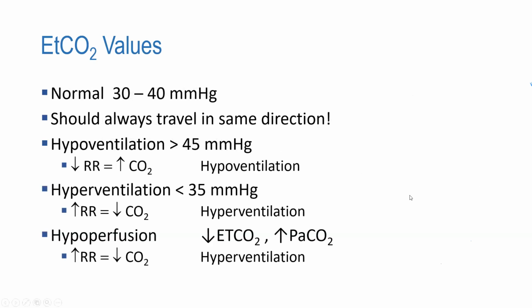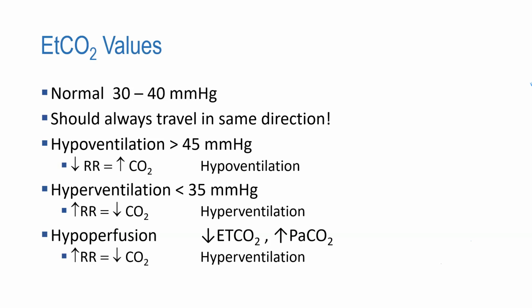Okay, I'm going to say it here and I'll say it again. Normal end-tidal CO2 is 5 less than arterial CO2 on either side. I always expect that my end-tidal CO2 is going to go in the same direction as arterial CO2. If I am hypoventilated, I'm going to be clearing CO2 over a longer period of time, which means the absolute measure goes up when you're hypoventilated. You think if I'm hypoventilated, I should see end-tidal CO2 go down. That's not correct.